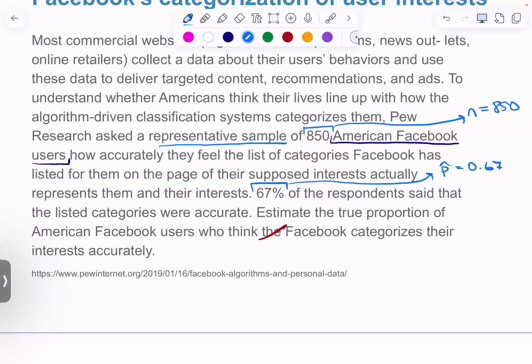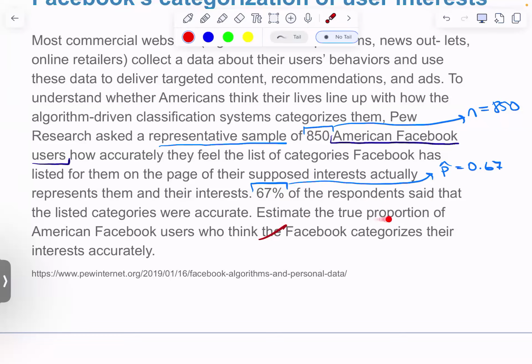Remembering that p hat is a proportion, and proportions and probabilities have to be between 0 and 1, right? So we often report the percentages, but we work with the decimals. And so 67% of the respondents said that the listed categories were accurate.